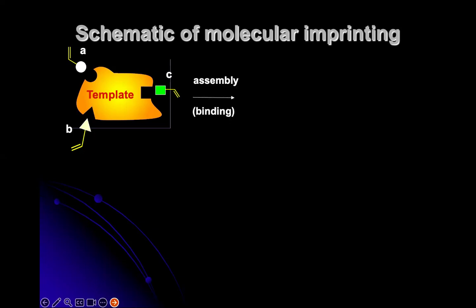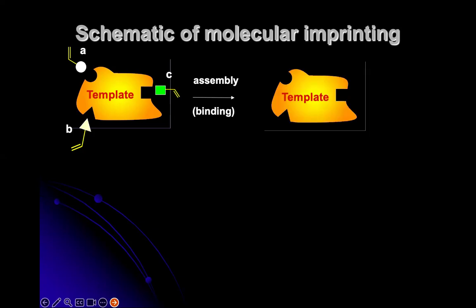What happens after that is there is interaction of the monomers. All these monomers will interact with the specific shape of the template. Here there is a binding process between the monomers and the template. I will show you the exact, more realistic example after this.